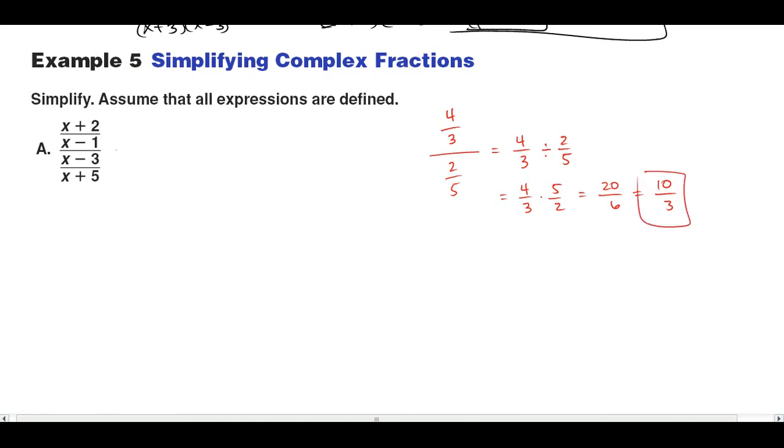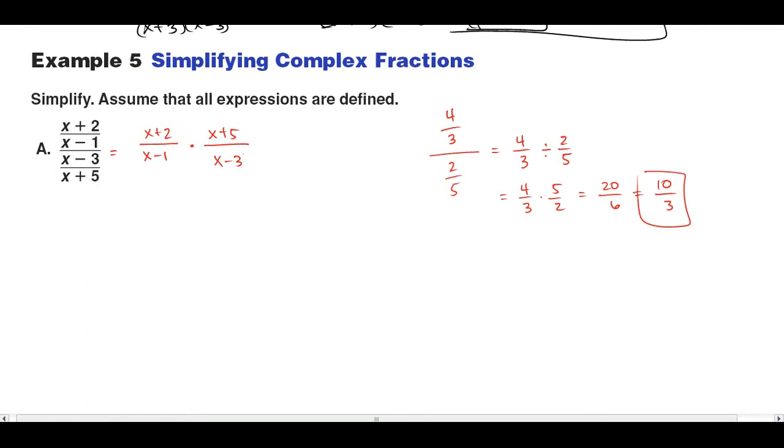Well, same thing goes here. Make sure you have a fraction over a fraction. That's your first thing to worry about, and in this case I do. So now I just copy the top, change it to a dot, and flip the bottom. And lo and behold, I'm feeling pretty darn good.